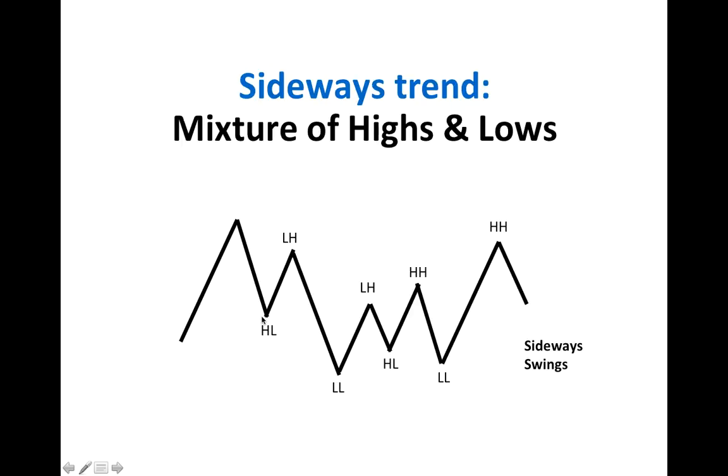For example, a higher high, a higher low here, then a lower high, a lower low, a lower high. So when you see a mixture of highs and lows, generally that tells you that the market is in a sideways trend. Right? So just to recap, for uptrend, higher highs, higher lows. For downtrend, lower highs, lower lows. And for sideways trend, a mixture of highs and lows.